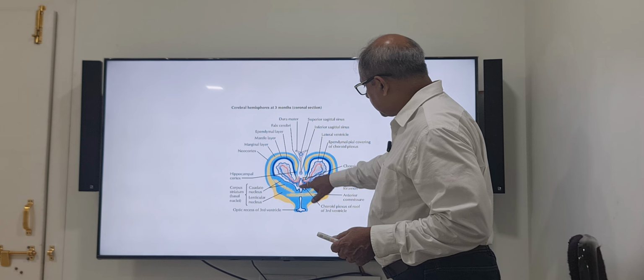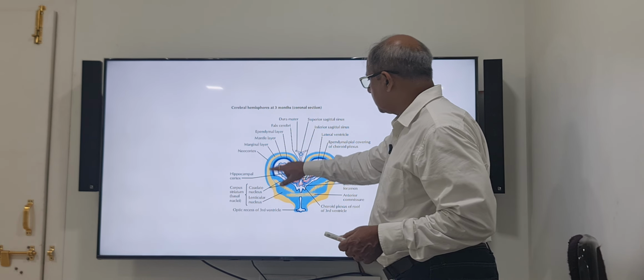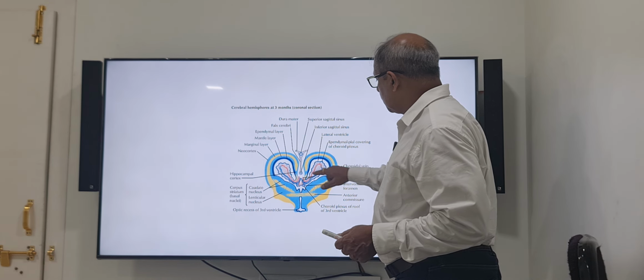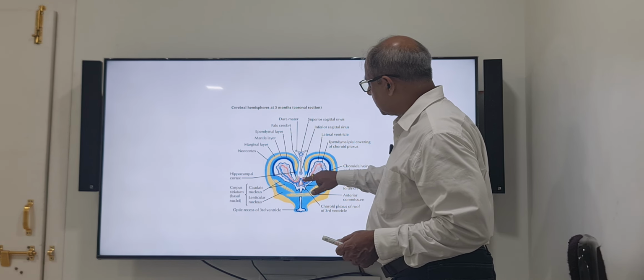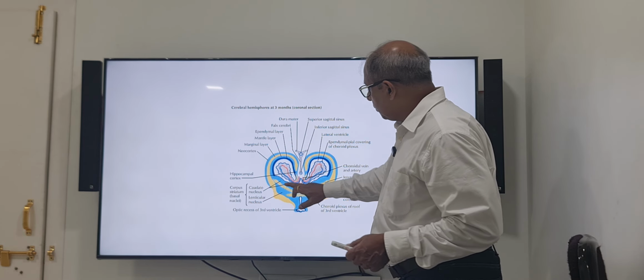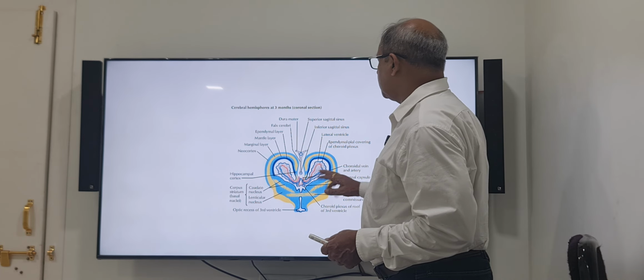This part is very complex, and they are connecting the telencephalic area or cerebral cortex with each other, and the floor of the telencephalic area becomes thick, which makes the corpus striatum, basal nuclei, mostly in two parts.